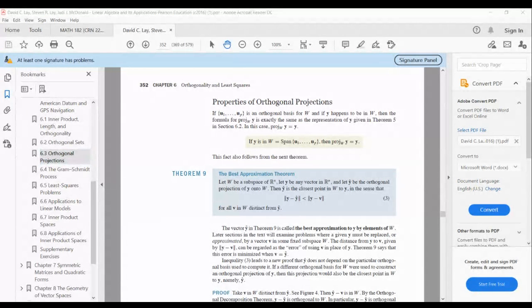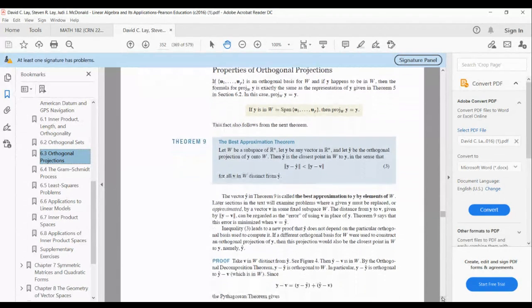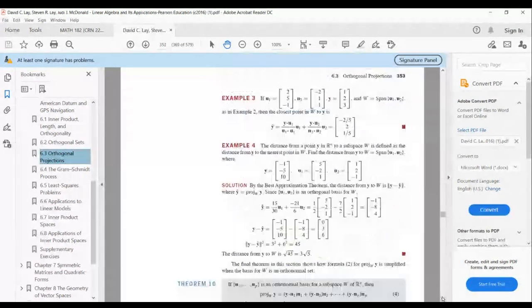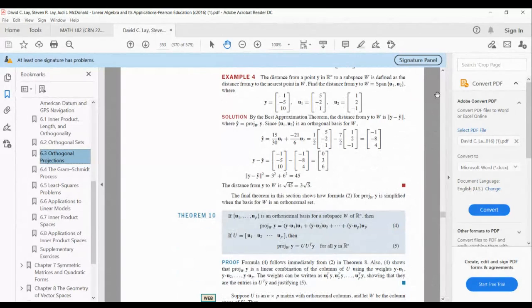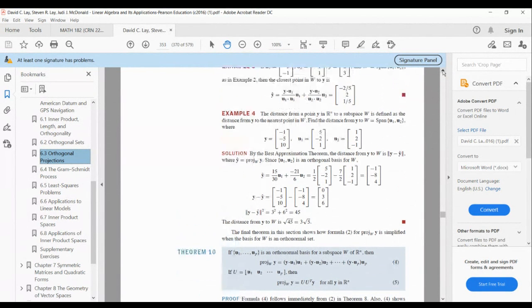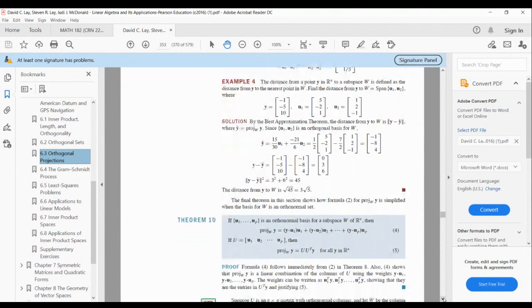Okay, good. And then also another thing that we touched upon in the last class was orthonormal vectors. Orthonormal vectors are vectors that are orthogonal, but they also have unit length. And one nice thing about orthonormal vectors is theorem 10.